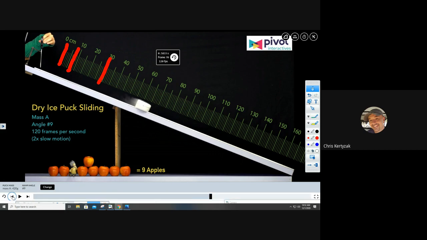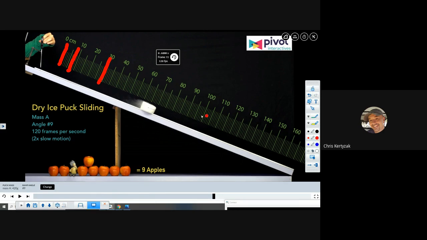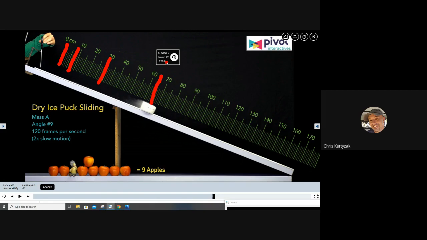We went 0.2, 0.4, now it's 0.6 seconds. You see that it's the same pattern, right? This is evidence that something is accelerating, because in every interval of time, in this case every 0.2 seconds, the distance it travels is larger than it traveled in the previous interval, which is larger than it traveled in the interval before that, right?